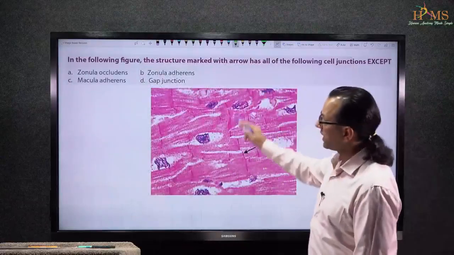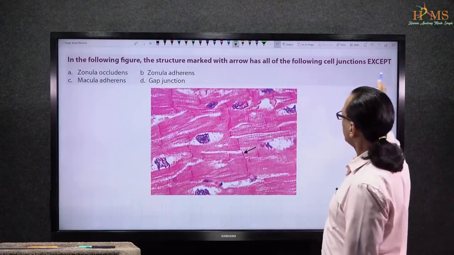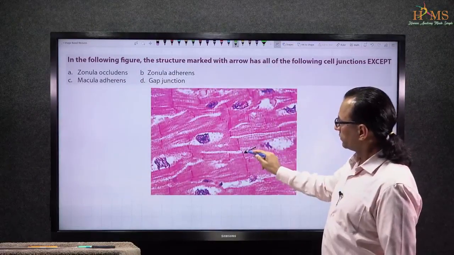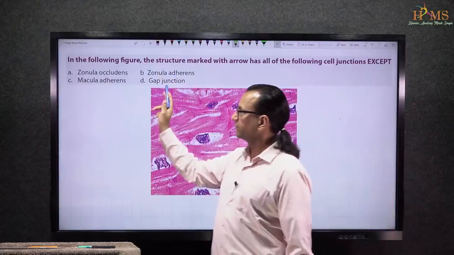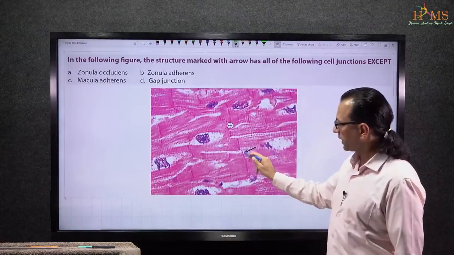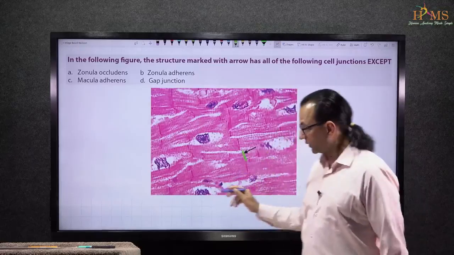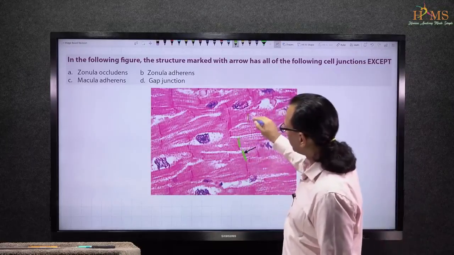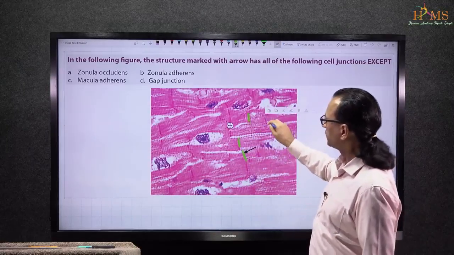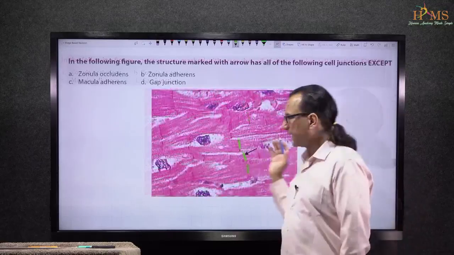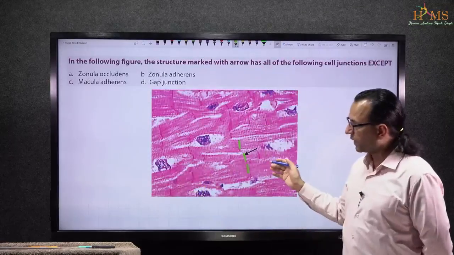Now here we got a question asking which of the following cell junctions are absent at this arrow mark, which is actually the intercalated disc. There are some intercalated discs which are the cell junctions in the case of cardiac muscle. How do you know it is cardiac muscle?